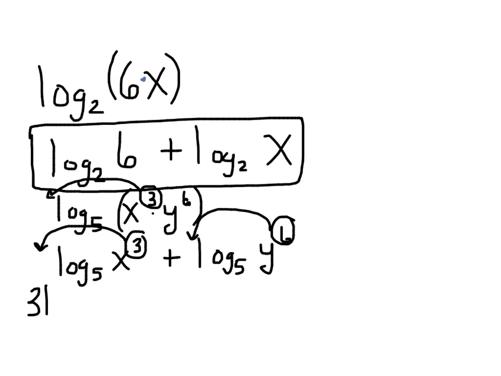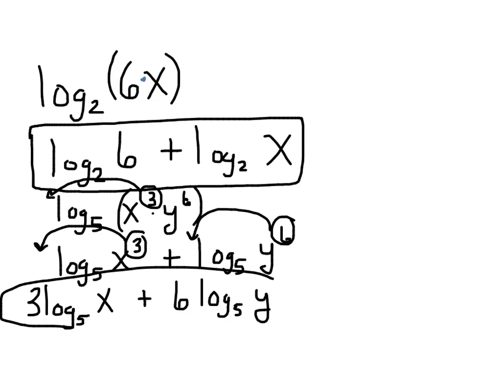So I have 3 log base 5 of x plus 6 log base 5 of y. And that's expanded. So when we're expanding, we're basically writing it out with a series of adding and subtracting, and then the number goes to the front. Let me give you one more.